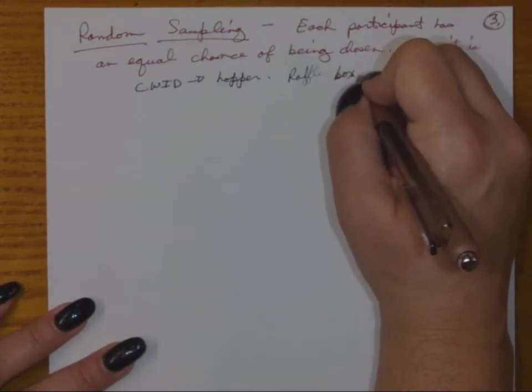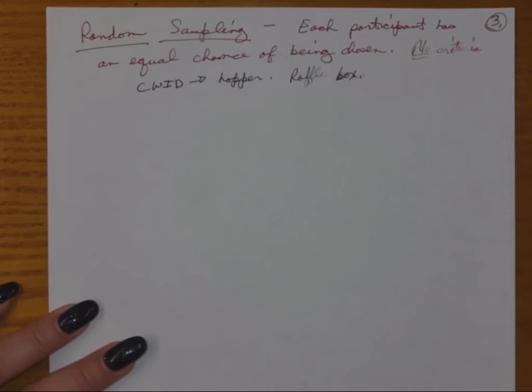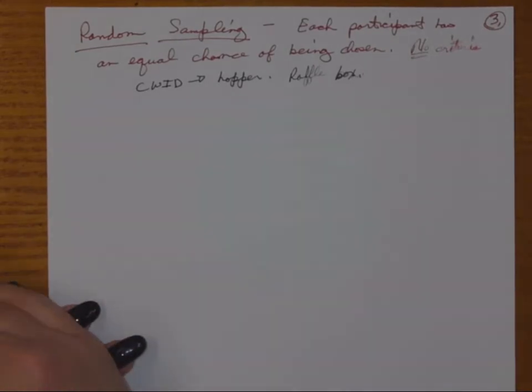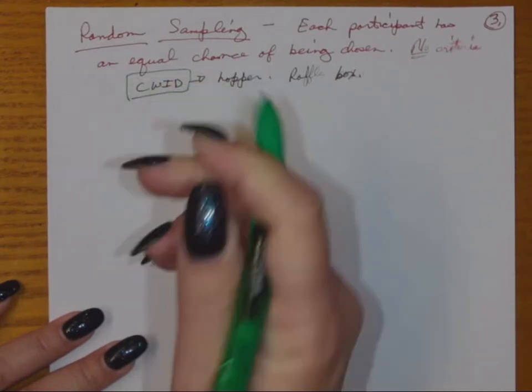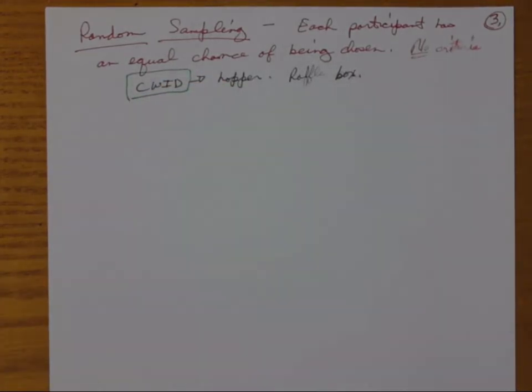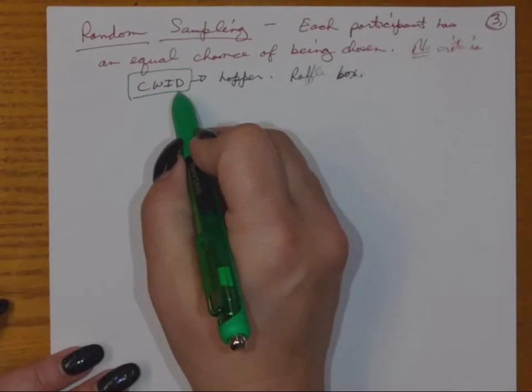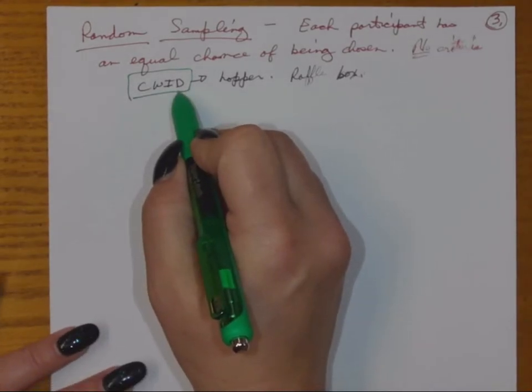And once I had them in there, I would squish it all around and I would pick numbers at random, their campus-wide IDs. I don't even know who that person's name is, it's just a number, right? Once I would have that campus-wide ID, I'd go back to a list, find that person and interview that person and find out what their favorite color is.